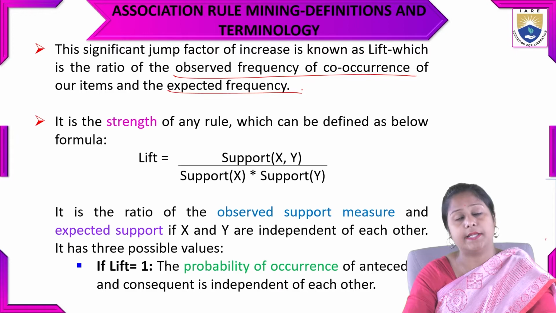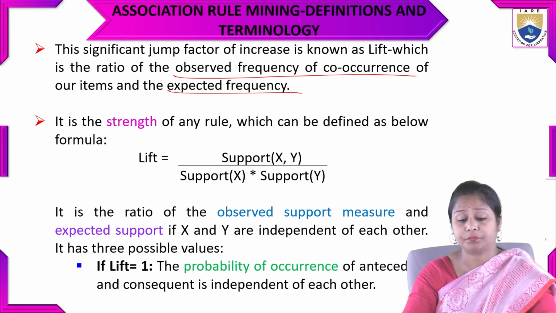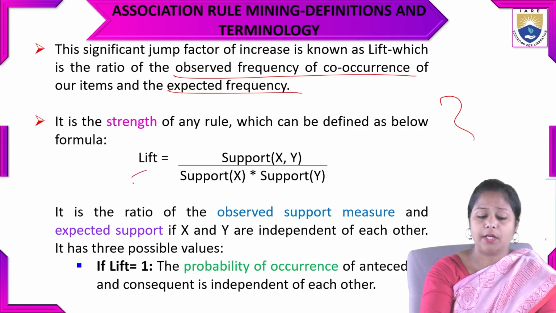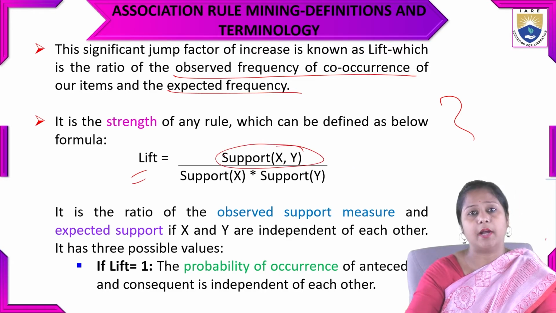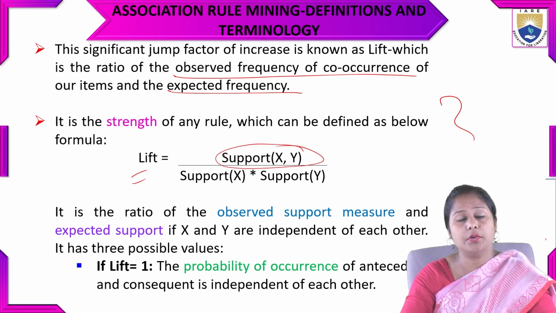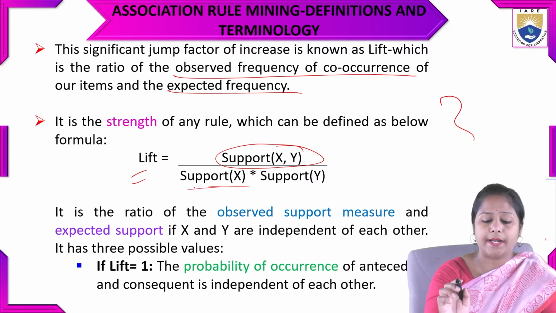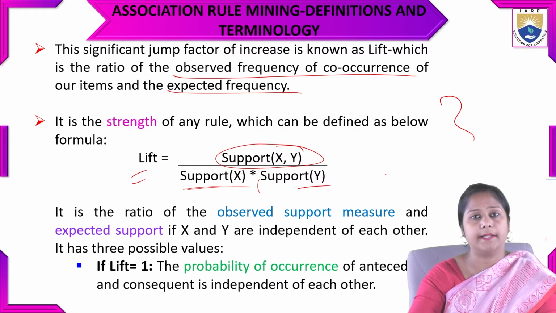So it is basically the strength of a rule. Lift is equal to the support of X and Y together, divided by the support of X times the support of Y.